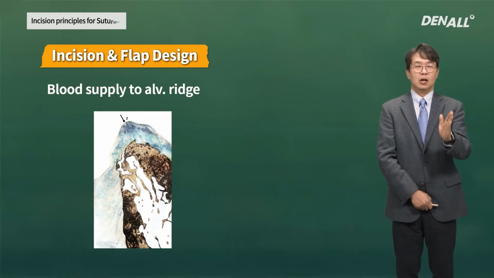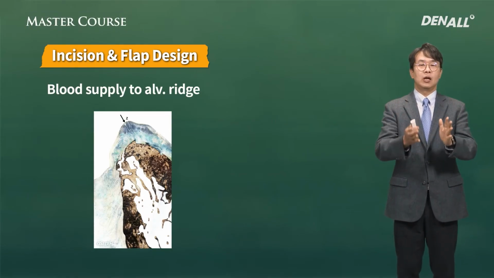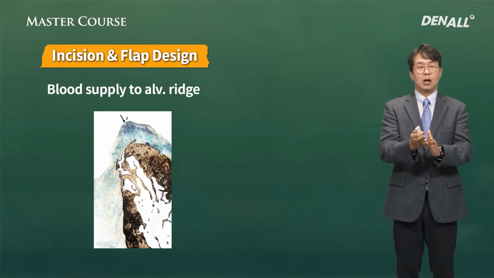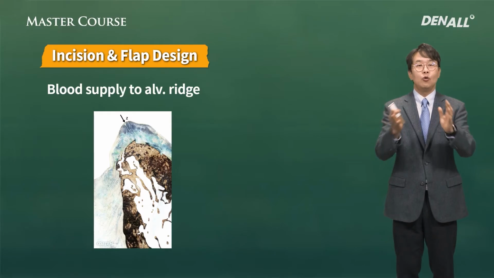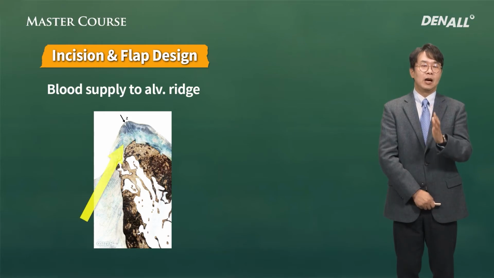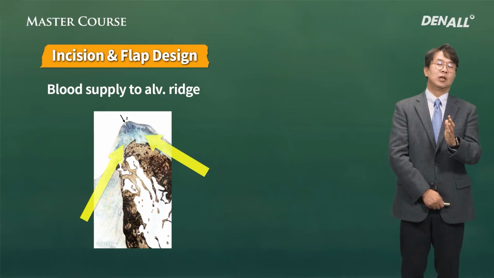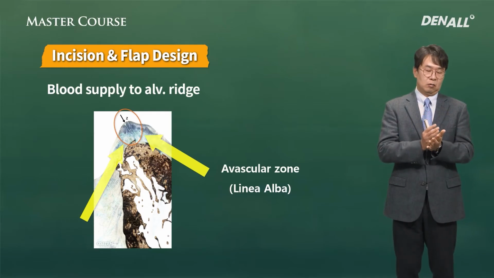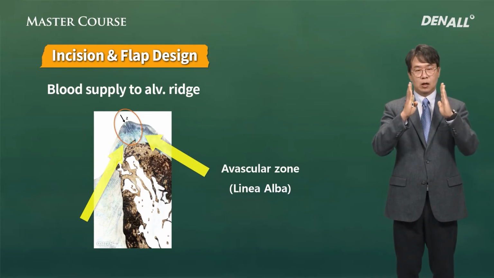If you look at the histologic picture, the letter Z indicates the area without blood supply. That is called the linea alba, the avascular zone. That is the top of the crest.